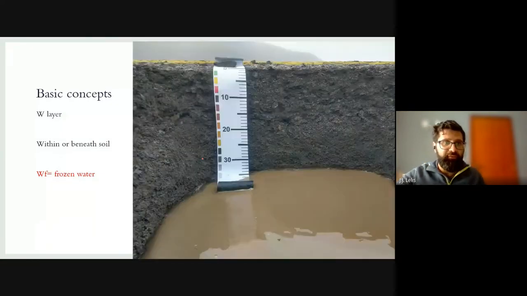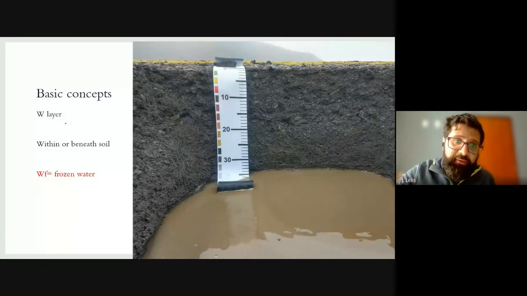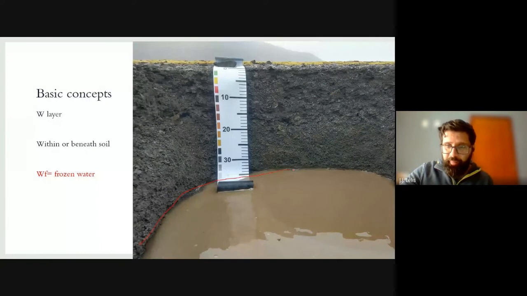And I have a W layer, a layer of water, like here. Permanent or seasonal water can identify a W layer. They can be within or beneath the soil, okay?